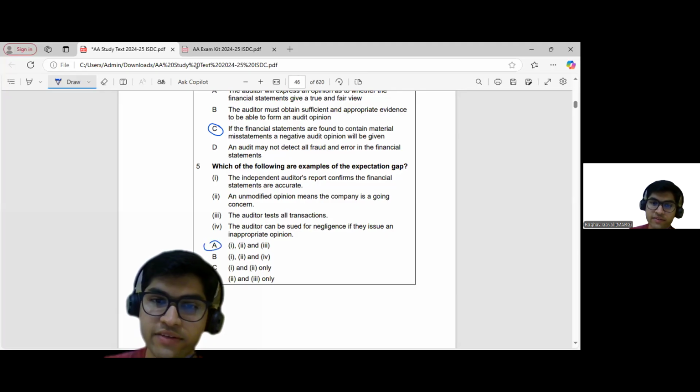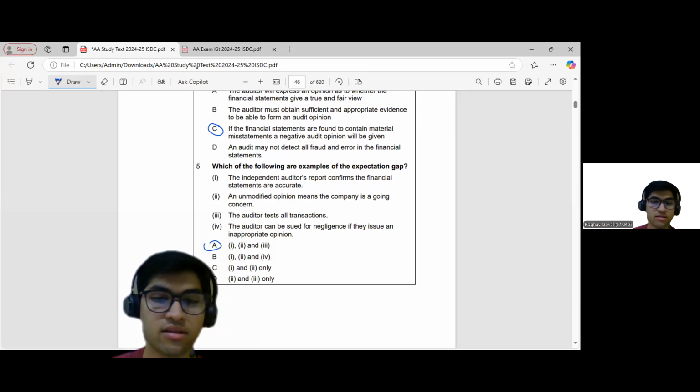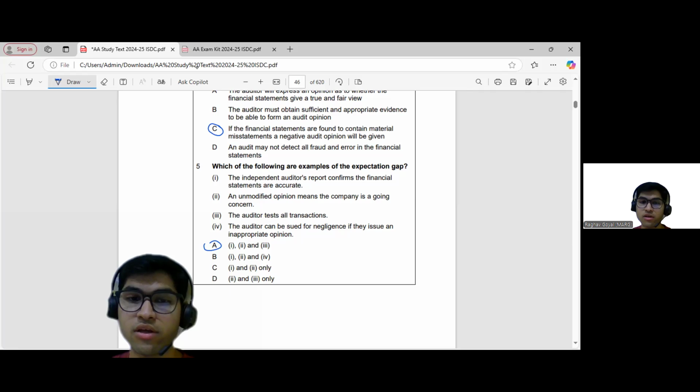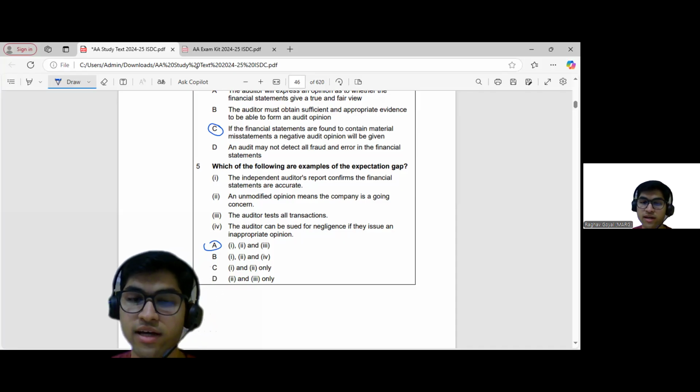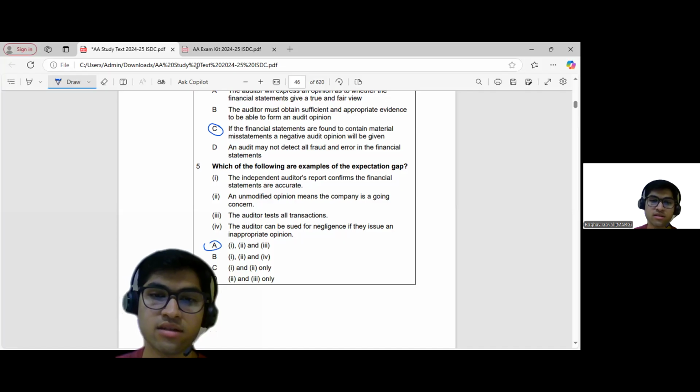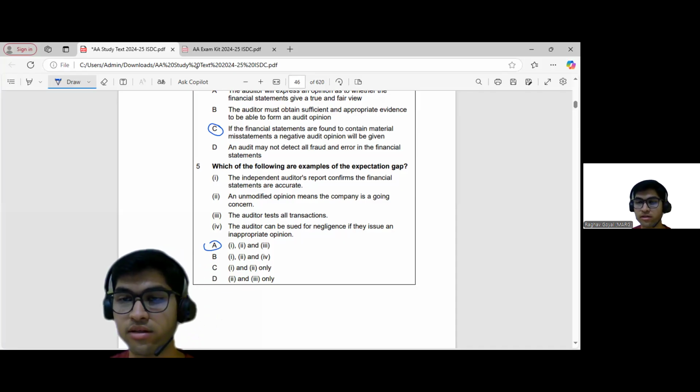So we didn't even reach the unmodified opinion or going concern part, as this is done later in the chapter, but you could still answer this question by just using the elimination and logic that you can use while answering MCQs. I know that the answer should include 1 and 3. So which of these include 1 and 3? Only one option does. So you are sorted there.